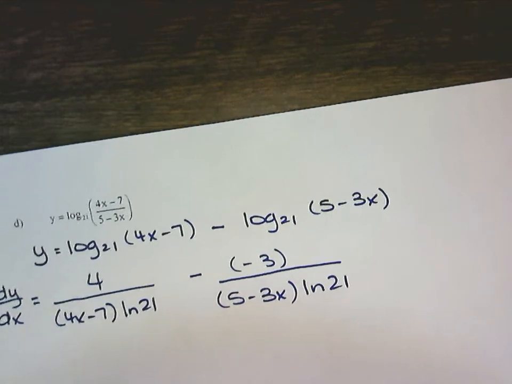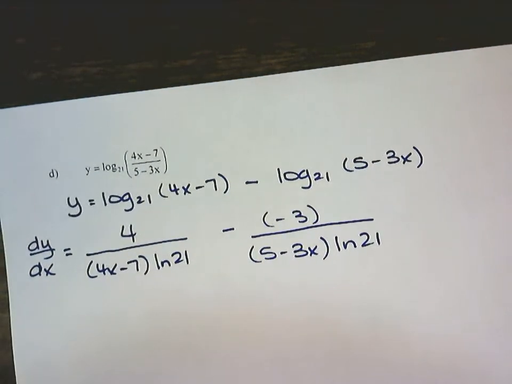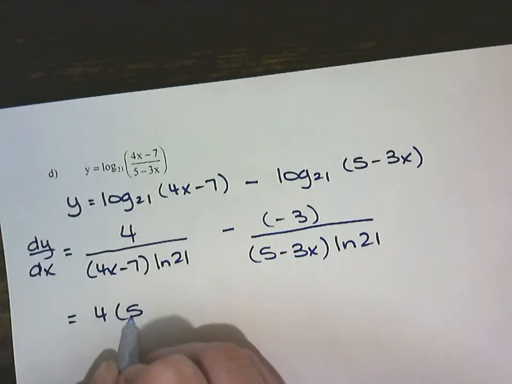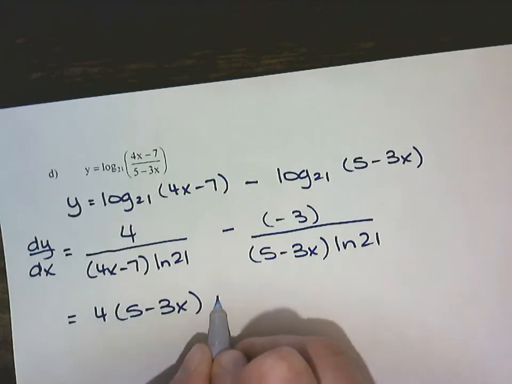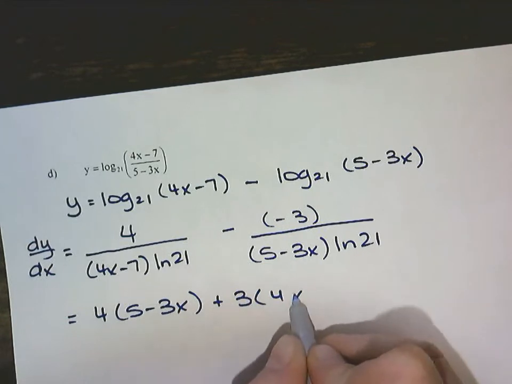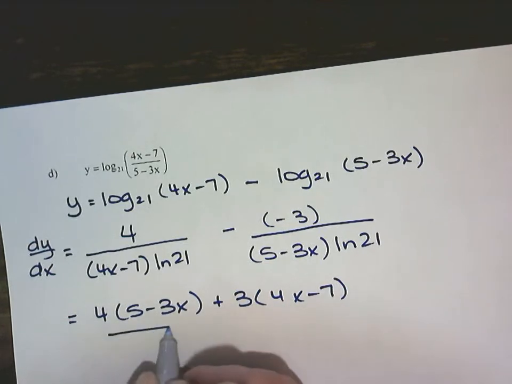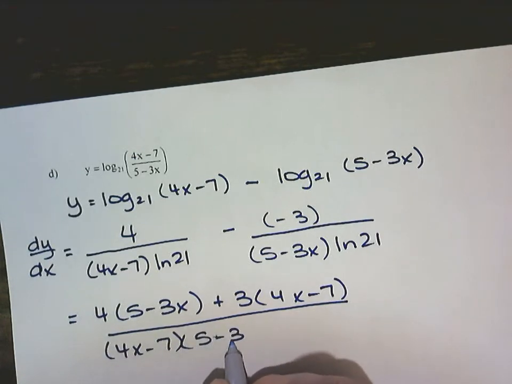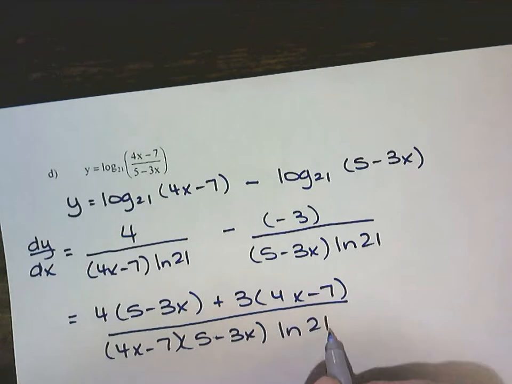Well, I want to put those together now, so I'm going to find a common denominator. So I have 4 times 5 minus 3x. I'm going to add 3 times 4x minus 7. And this comes all over the denominator, 4x minus 7, 5 minus 3x, ln 21.